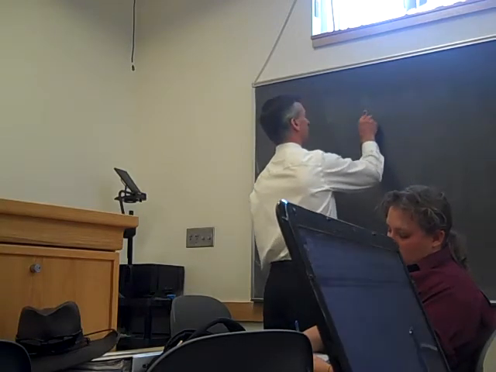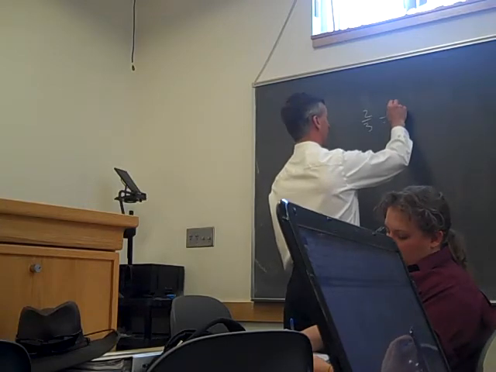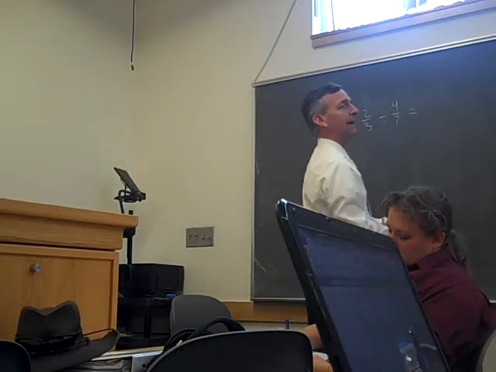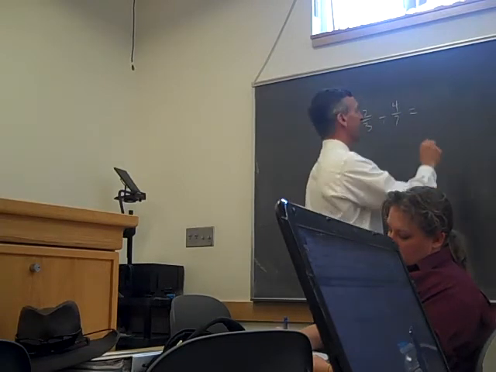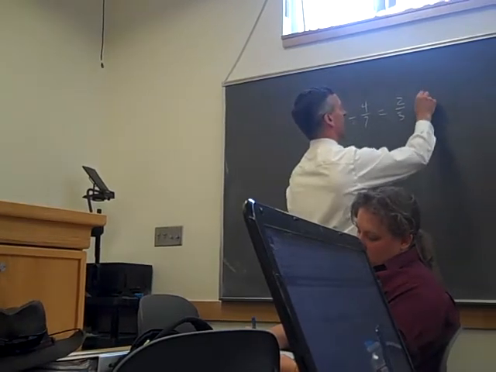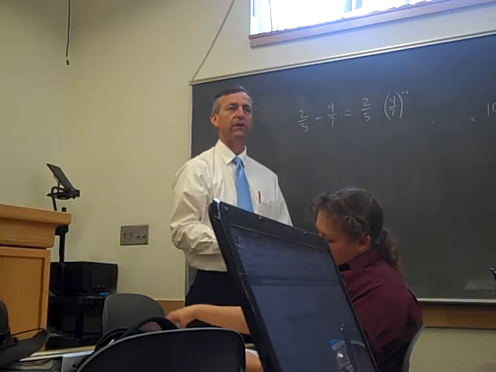So you'll take 2/3 divided by 4/7, and you'll rewrite that as 2/3 times 7/4, the inverse of 4/7.